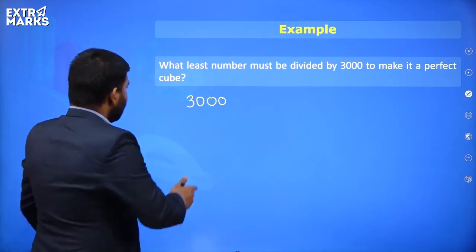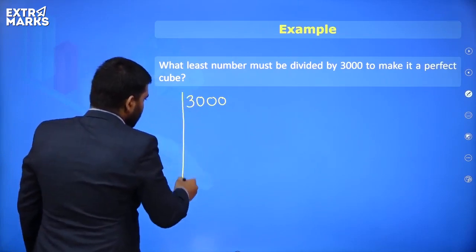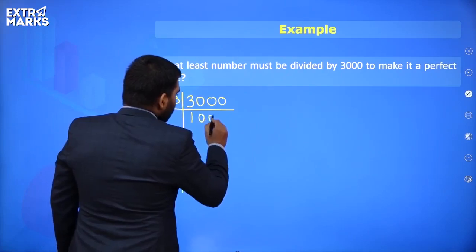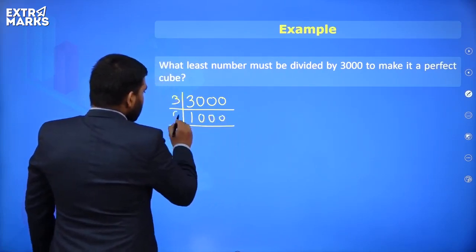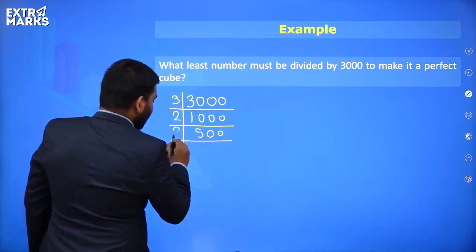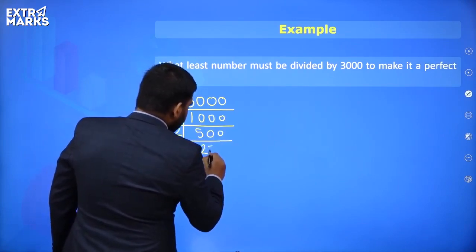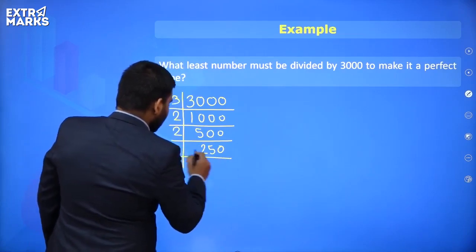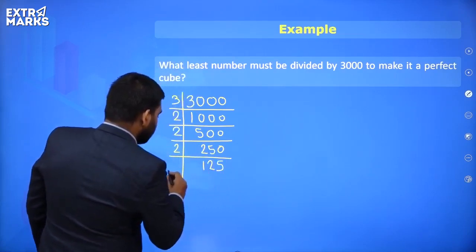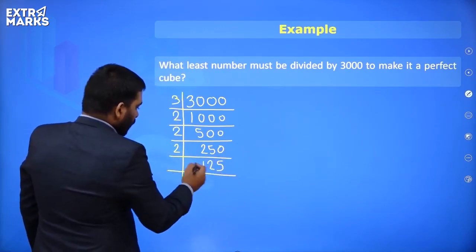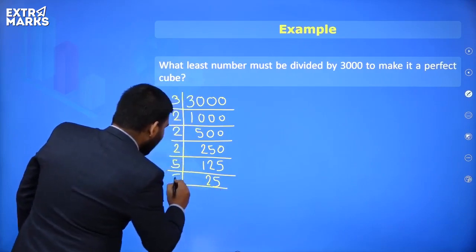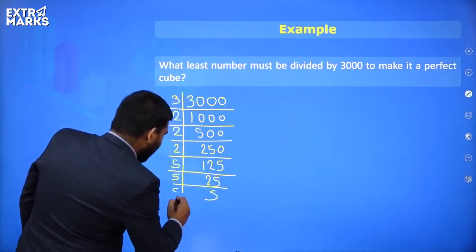Okay? So you'll say, sir, 3 ones are 3, 2 5s are 10, then 2 25s are 50, then 2 12s are 24, 2 5s are 10. Now everyone, 5 5s are 25, 5 5s are 25, and 5 1s are 5.